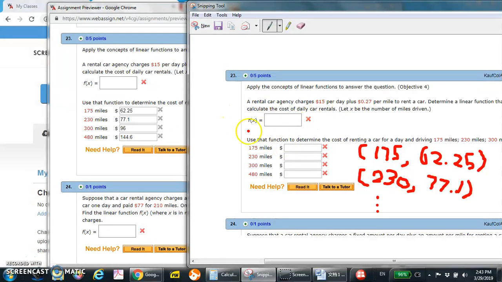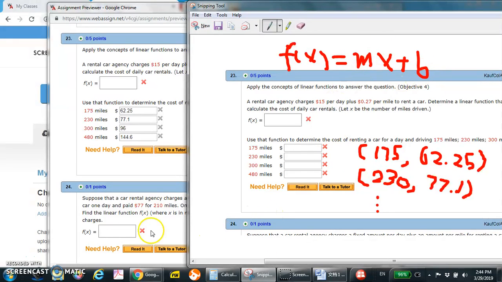Now, next, to determine this linear function, we have to determine the slope and the y-intercept b.